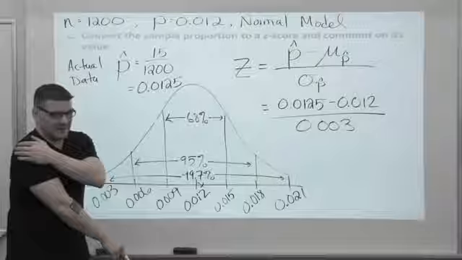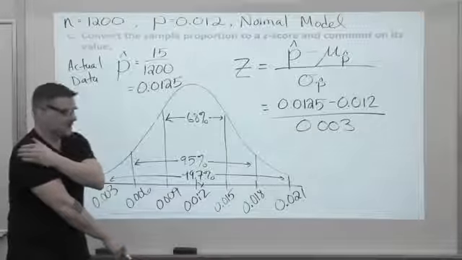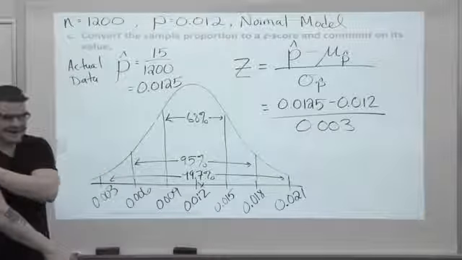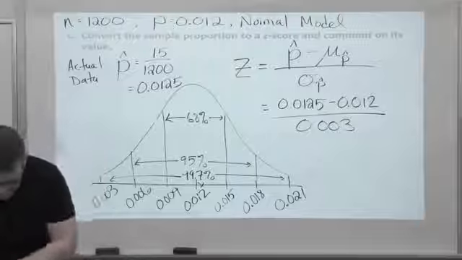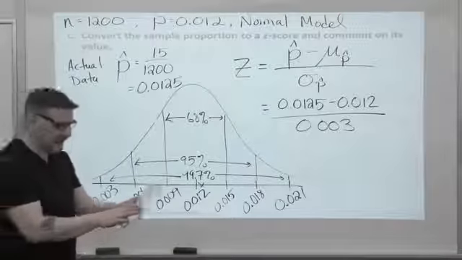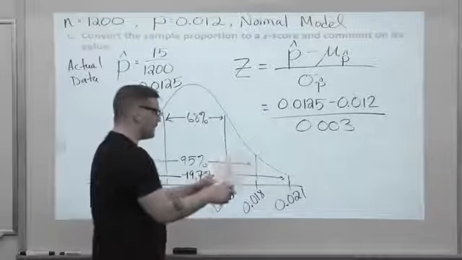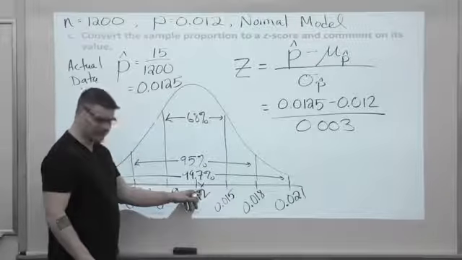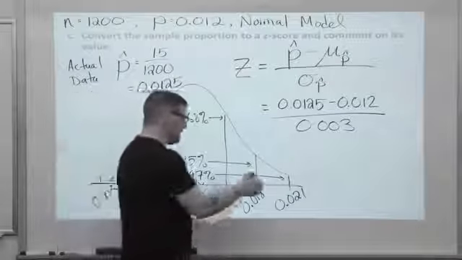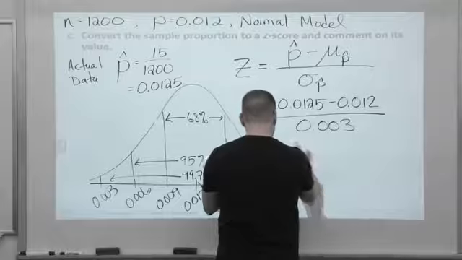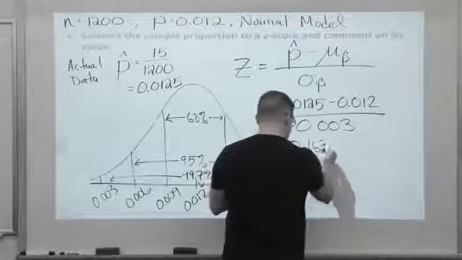Make sure you get both zeros in there. That'd be a huge difference in z-scores if you missed a zero, like I said the first time. All right. Calculate this out. I get a positive number. That's fine. It's positive. It is above the mean, slightly. And this turns out to be 0.167.